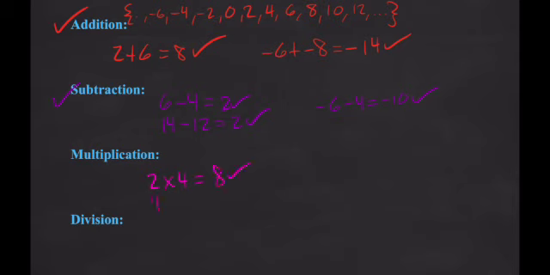Let's take 4 and 12. 4 times 12 is 48. That is also even. Let's try some of the negative numbers. Let's say we did negative 6 times positive 6. That's negative 36. That's also even. Let's say we did 0 times 8. 0 times 8 is 0. Anything times 0 is 0.